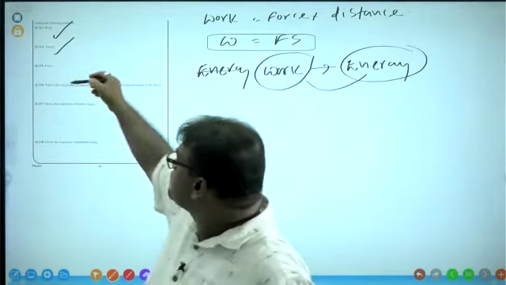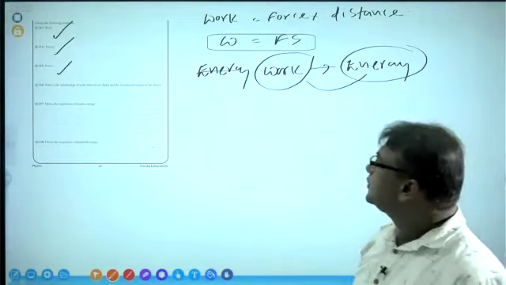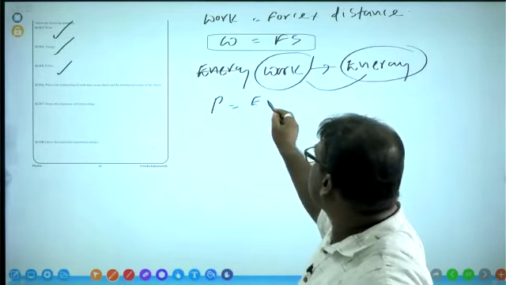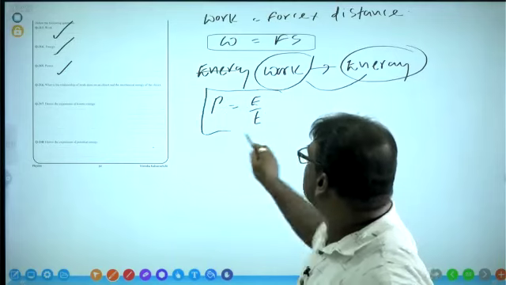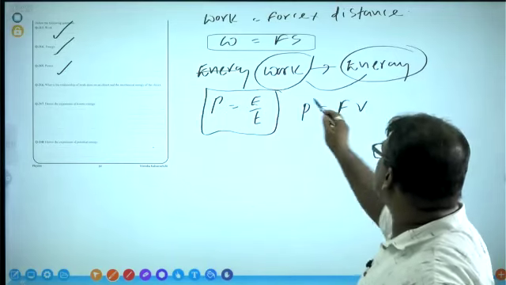What is power? Next one. Power. Yes, rate of work done, no? Power is rate of work done. Energy divided by time. Or power is force into velocity.